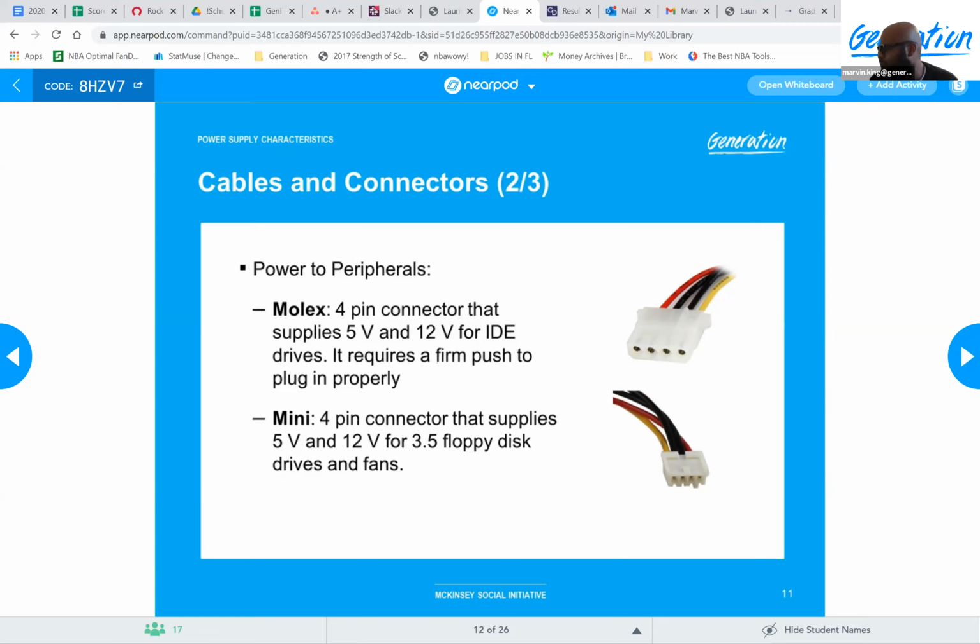Chris, you about to say something? I see you off mute. Sometimes that Molex 4 pin connector, they'll only have 2 wires connected to it. I don't know why. They sometimes just decide to make it only a 2 wire, but it'll still have that 4 pin connector on it. So just be aware of that. If you're rearranging things and you pulled one off that had 4 pins, it needs to go back on another 4 pin one. I thought I had show and tell available for you, because I think I have one out here somewhere.